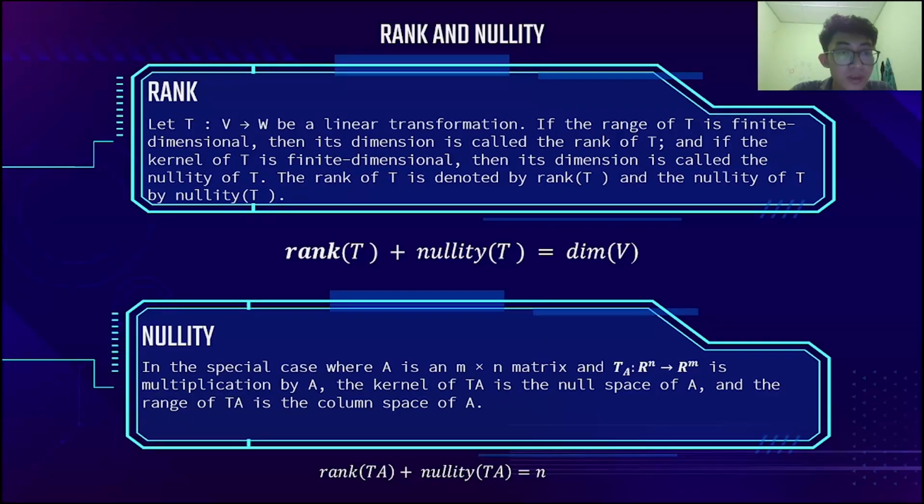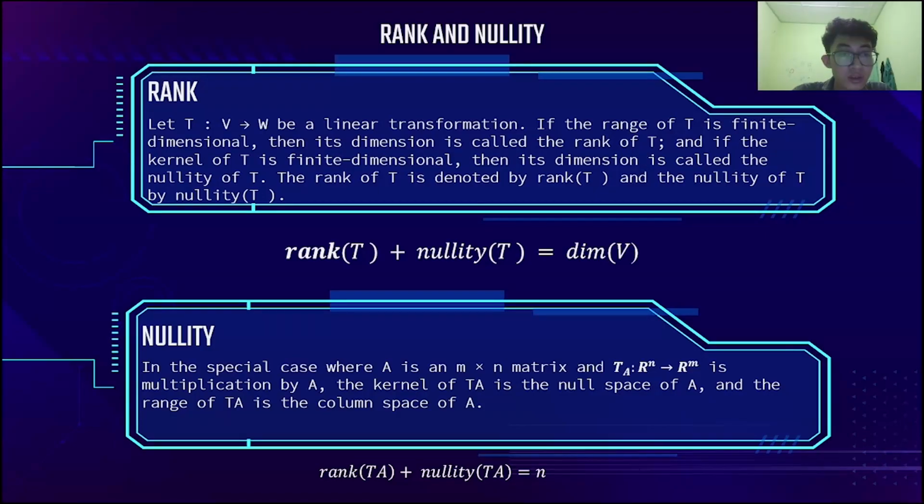If T from the domain to the codomain is a linear transformation from a finite dimensional vector space, then the range of T is finite dimensional, and we get rank(T) plus nullity(T) equal to the dimension of the domain.